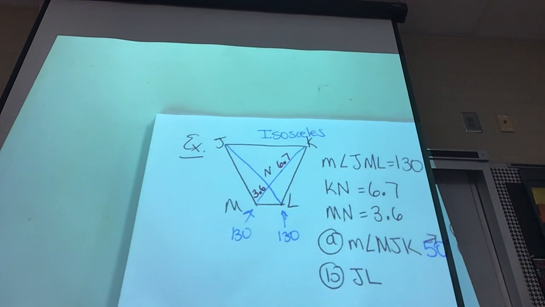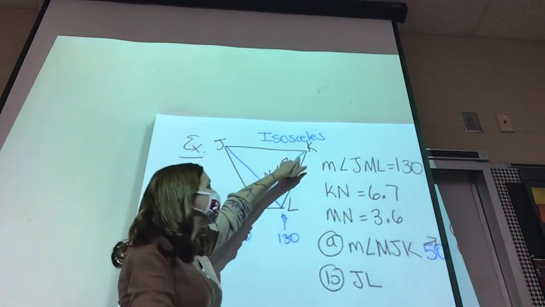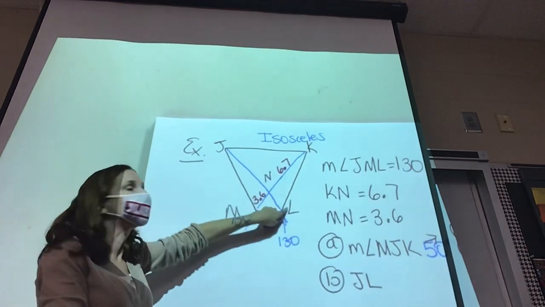If you add 3.6 and 6.7, can't we use the same thing for JL? Why? Because it's congruent. I just got through telling you that in an isosceles trapezoid, the diagonals are congruent. So if I know one of them, I automatically know the other.